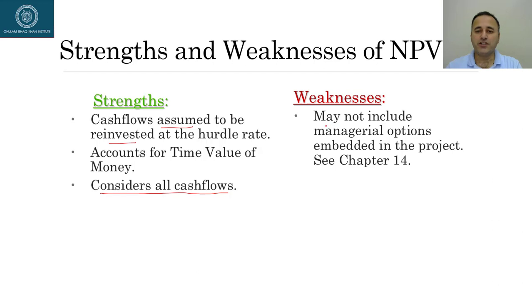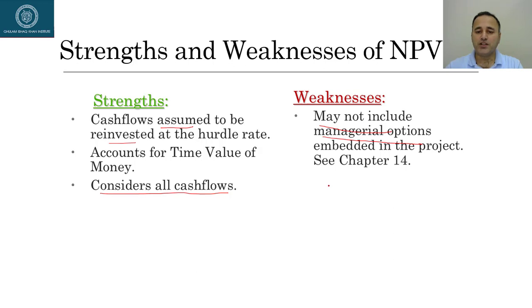One of the major weaknesses of this project, net present value, is that it may not include the managerial options. Now, managerial option is a very, very technical term. And I'll give you an example. So suppose, let's say, a company, let's say it's a software company, would like to invest in Pakistan.